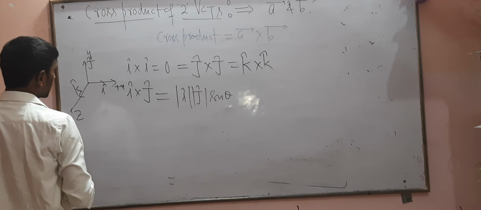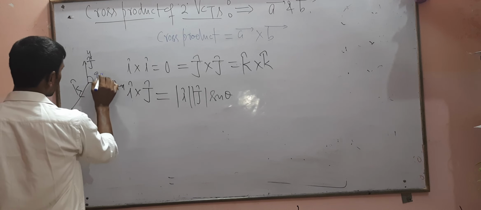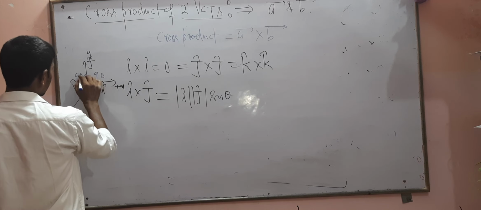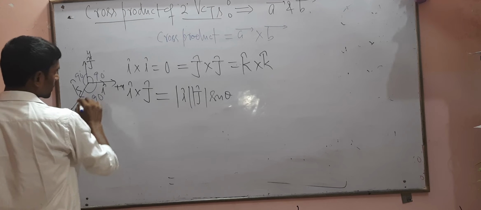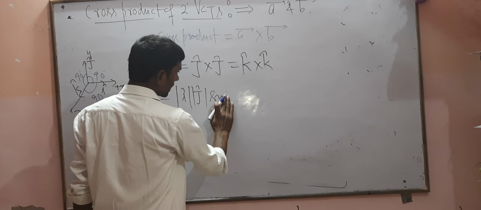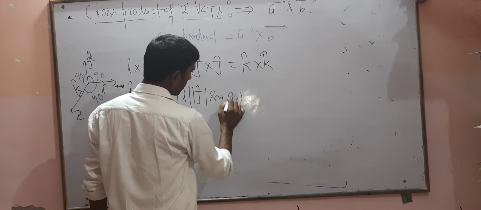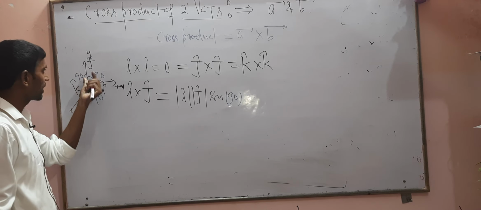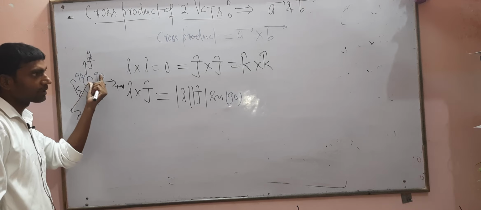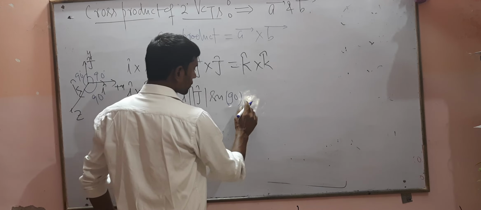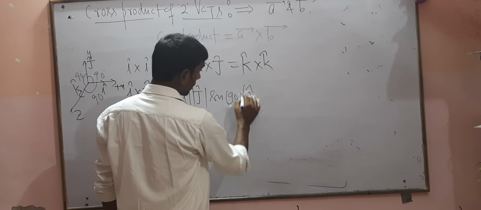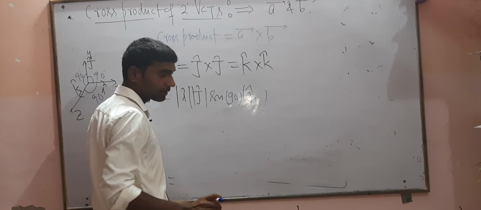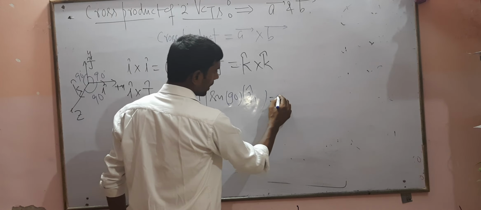So the angle between x and y is 90 degrees, and this is also 90 degrees. So sine theta, where theta is 90 degrees, because the angle between i and j, i along the x-axis and j along the y-axis, is 90 degrees. So into n cap, this is the important point. Mod of i times mod of j times sine 90 is 1, so it equals n cap.